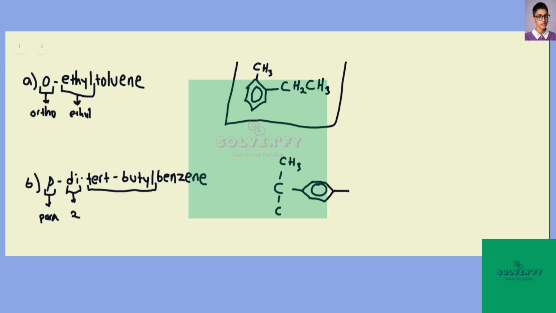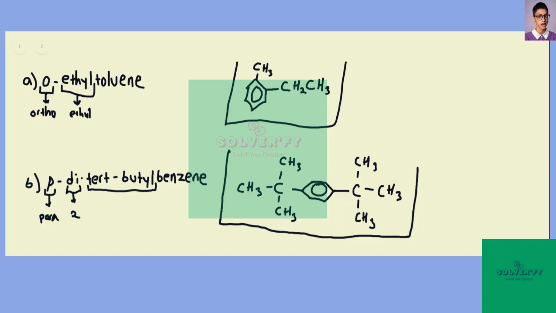And so a tert-butyl group is a carbon with three methyl groups connected off of it. So that is going to be my structure for para-di-tert-butylbenzene. Start with my benzene ring, and I have two tert-butyl groups on opposite ends of the ring.